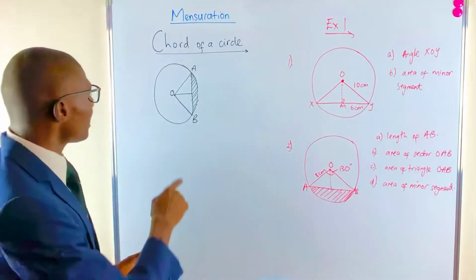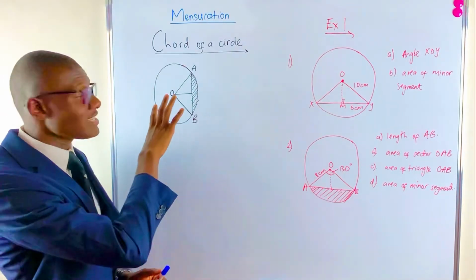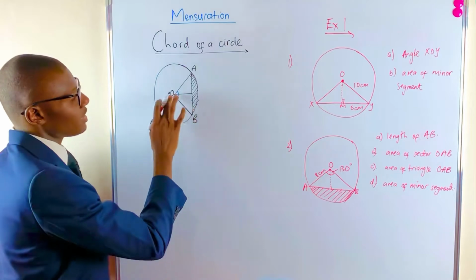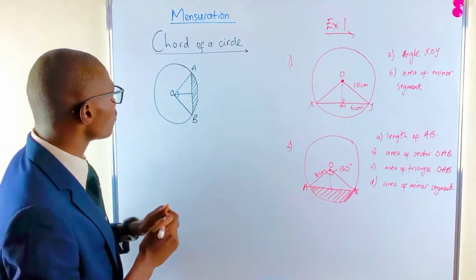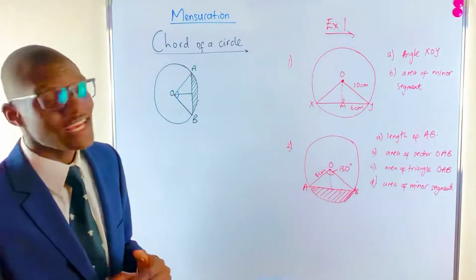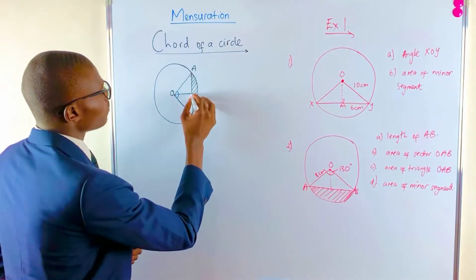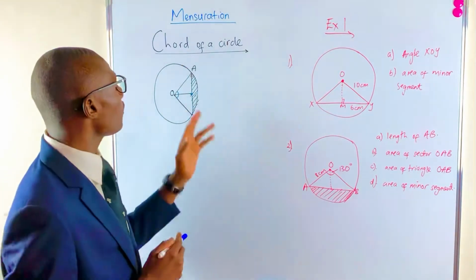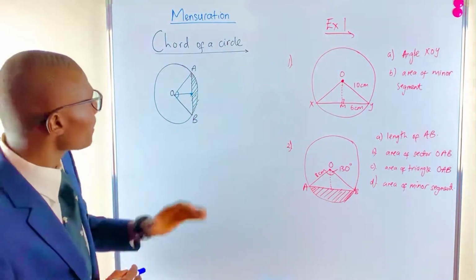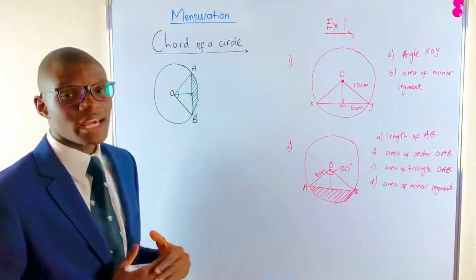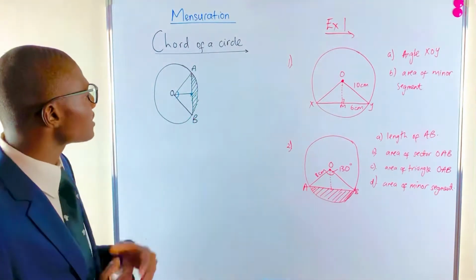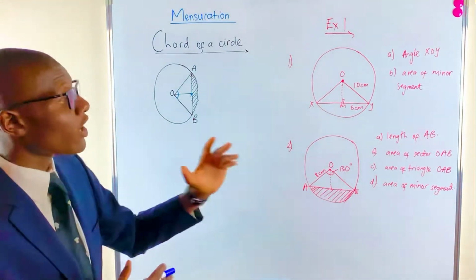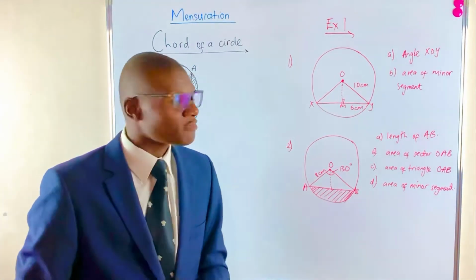In other words, this angle subtended at the center by the chord is being cut into two halves by that line. As long as it's getting to the midpoint of the chord, it bisects the chord at right angles.